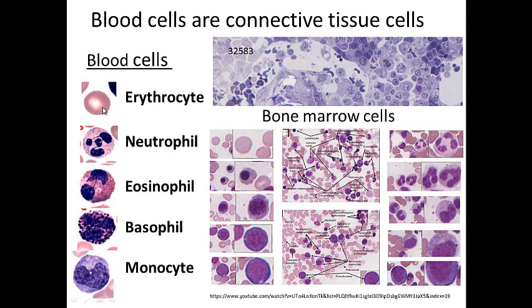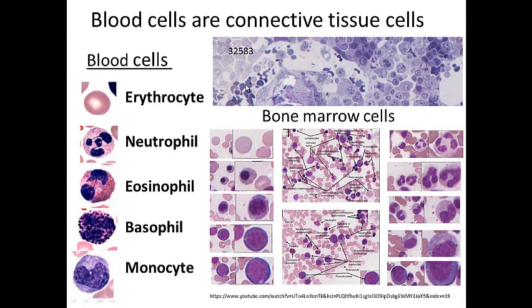Others have no nucleus at all. And these cells, of course, are derived from bone marrow. And here we can see there's a little URL that talks about differentiation of the cells in the bone marrow to make red blood cells or to make neutrophils.